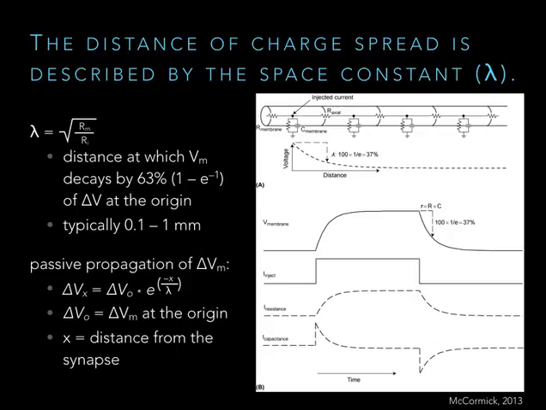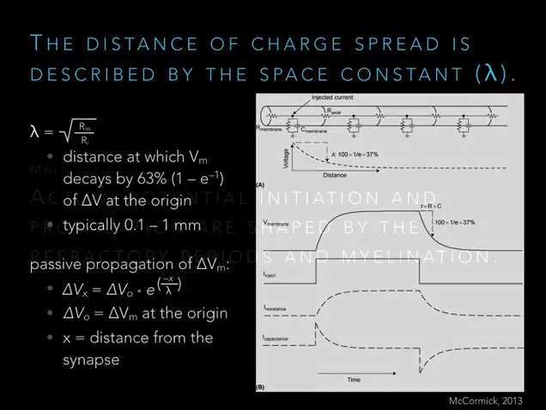We're not going to need to do any complex calculations, but you should understand that both time and space will dissipate charge, and the degree to which they do that depends on those passive properties of the membrane. It depends on how big it is, and on how much resistance there is.